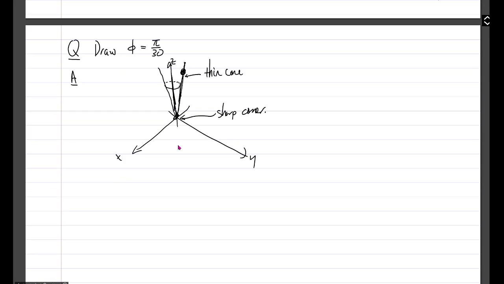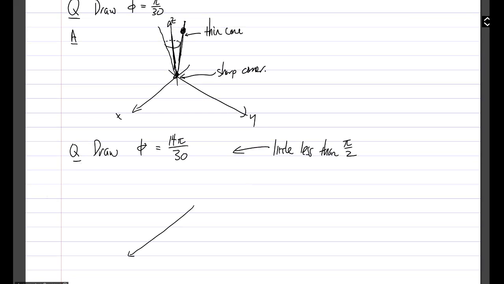Now, let's draw a picture of phi is equal to 14 pi over 30. Now, I've picked the number 14 pi over 30 because this is a little less than pi over 2. Okay, so let's get some axes in here.